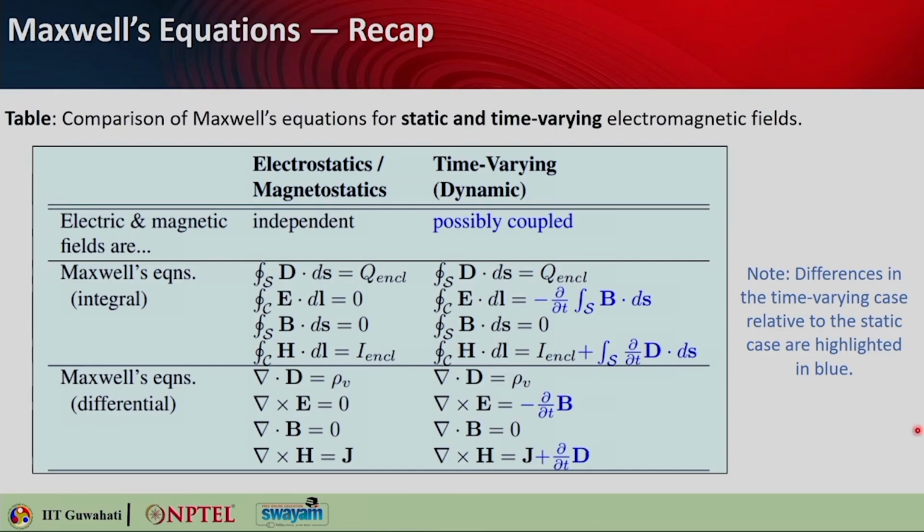The third law is Faraday's law. So you can see the difference in Faraday's law in electrostatics and in electrodynamics. There it says that a changing magnetic field induces an electromotive force, EMF, and hence an electric field.